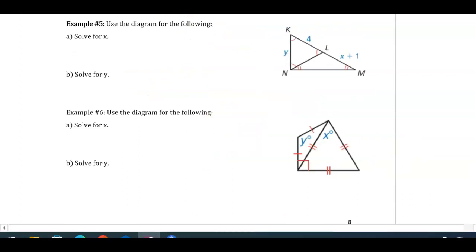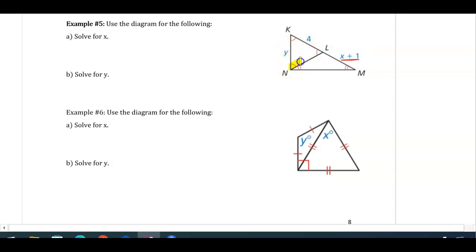Let's look at example 5 now. It says use the diagram for the following. You want to solve for x and then solve for y. Notice my x is right here, but I'm actually going to solve for y first, because I have more information that allows me to solve for y first.